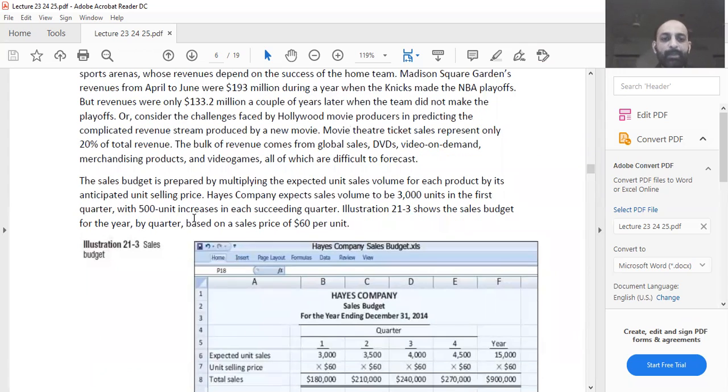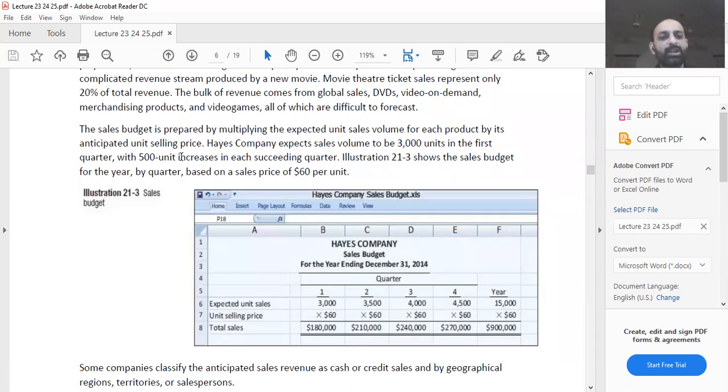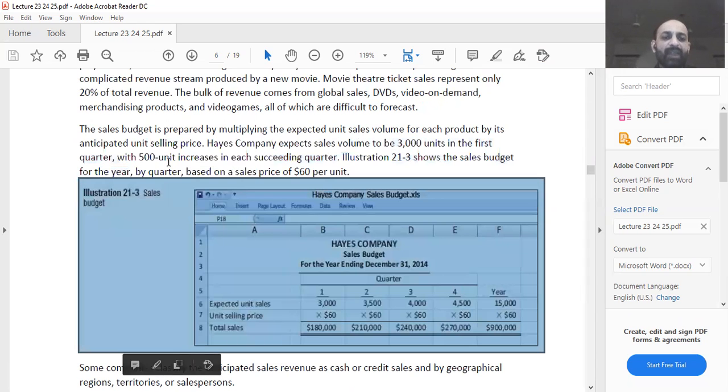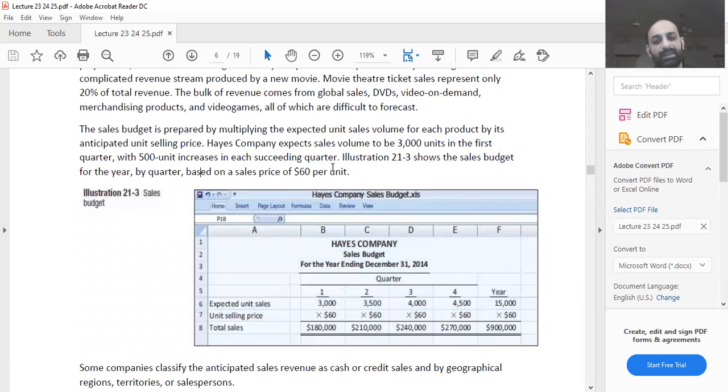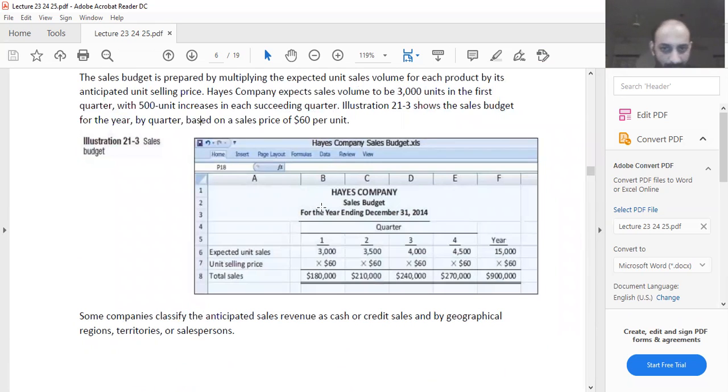The sales budget is prepared by multiplying the expected unit sales volume for each product by its anticipated unit selling price. Hayes company expects sales volume to be 3,000 units in the first quarter, with 500 unit increases in each succeeding quarter. As I've already mentioned, the budget that we are making is for the financial period 2014, and the period starts from 1st Jan 2014 and ends at 31st December 2014.